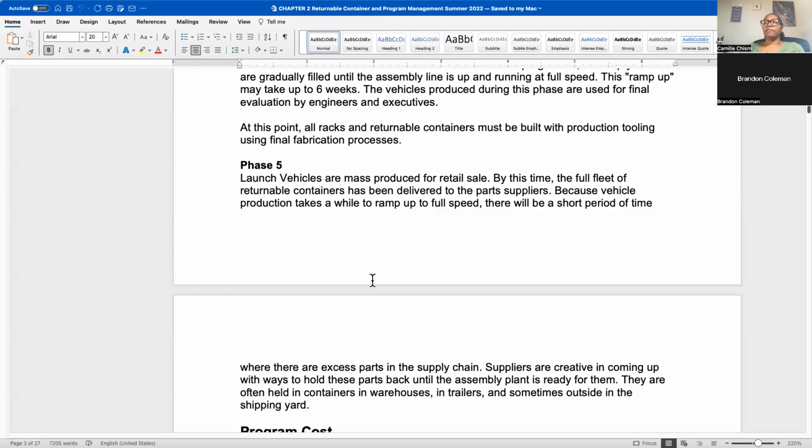So at phase 5, you've already had everything brought in. At phase 4, the packaging comes in, and phase 5, you're just looking at how are things running. Do we still have enough returnables? Are we losing returnables? Why would that be? And really management of those returnables, and then looking forward for new vehicles.